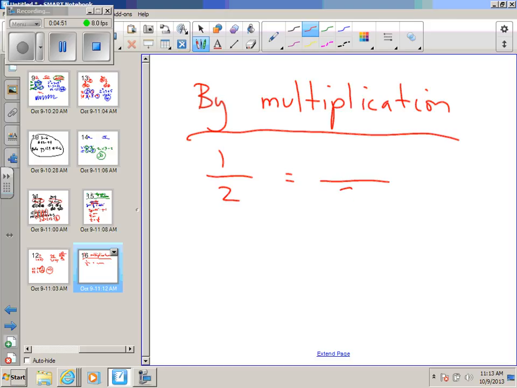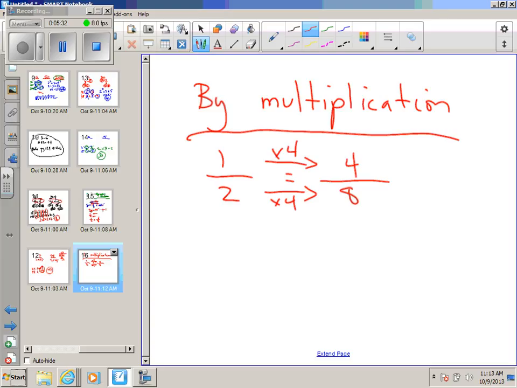In the equivalent fraction that we just used, what did I multiply my original numerator and denominator by to get 4/8? 1 times 4 is 4. 2 times 4 is 8. They are equivalent. Now that's the rule. It's much easier to make equivalent fractions using multiplication because I can pick any number I want. I just have to make sure I multiply the numerator and the denominator by that same number.